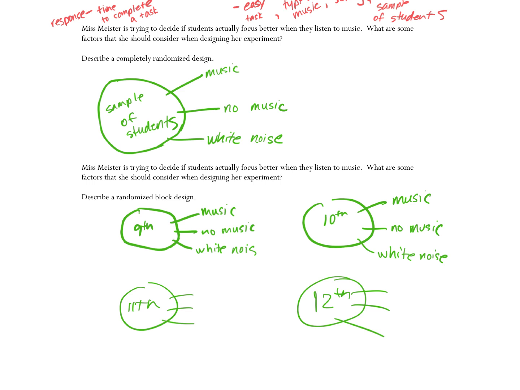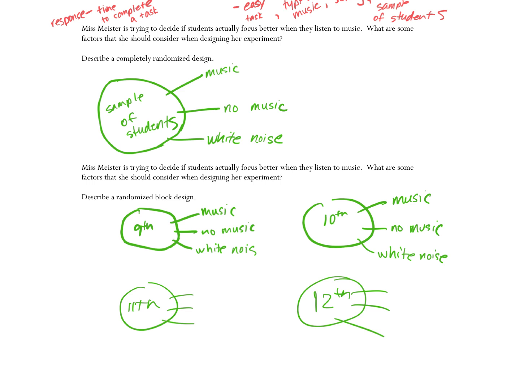The music group, what can I say about the music group? I know it has 9th, 10th, 11th, and 12th graders in it. Do you guys see what I'm saying here? My treatment groups are still the groups. Within each treatment, when we do this blocking, it ensures that those other confounding variables are equally present in all the groups.